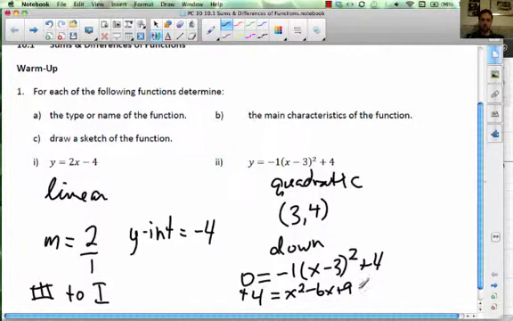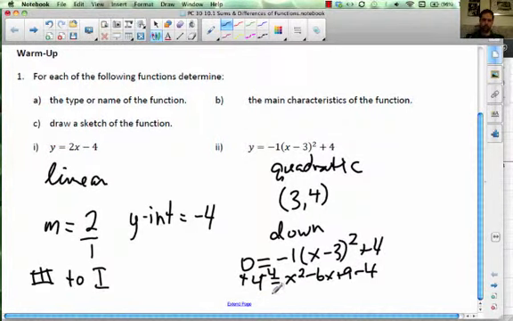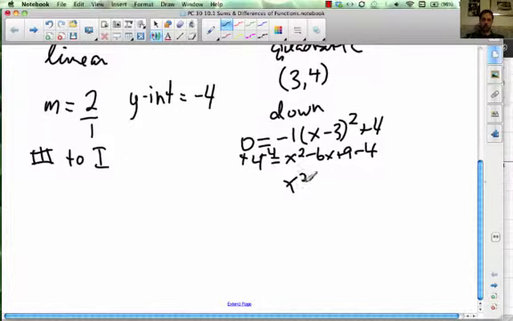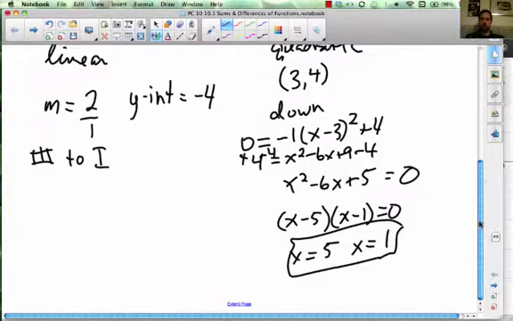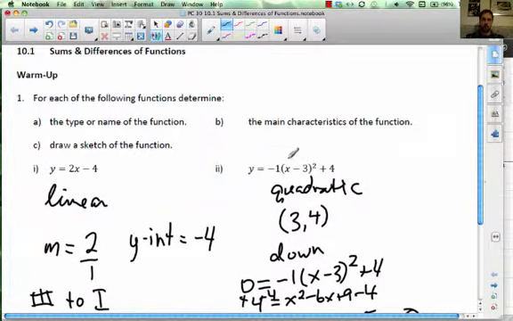Now, I guess I should have left that 4 over there. So x squared minus 6x plus 5. So this is going to be (x minus 5) times (x minus 1) equals 0. And your x-intercepts are 5 and 1.